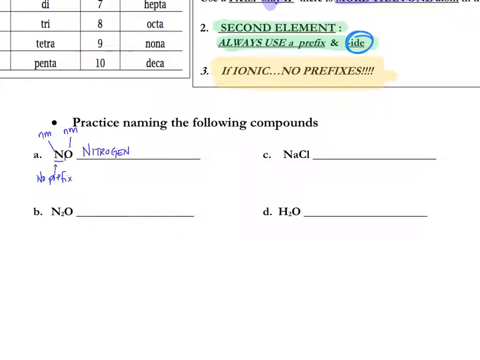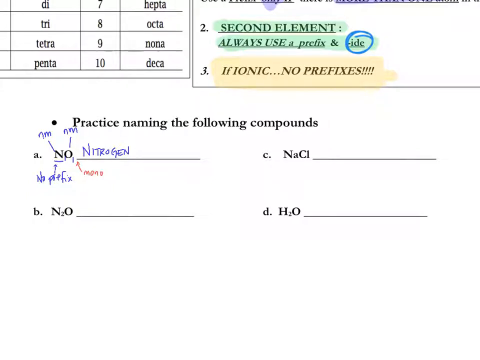Okay. Now looking at your second element, it is oxygen, and there's no subscript written for oxygen. So it is also implied that it's a 1, but all the second elements require a prefix according to our rules. So the prefix for 1 is mono.